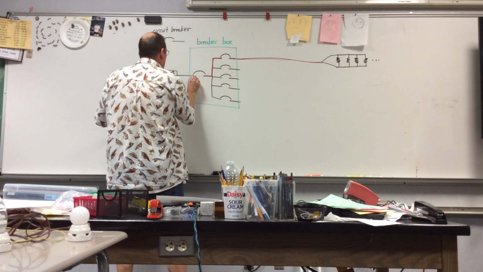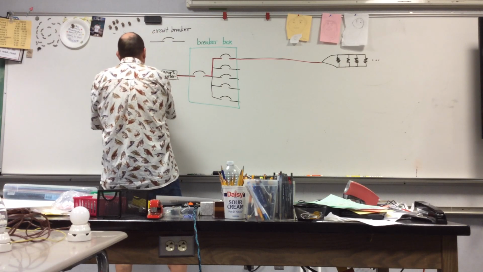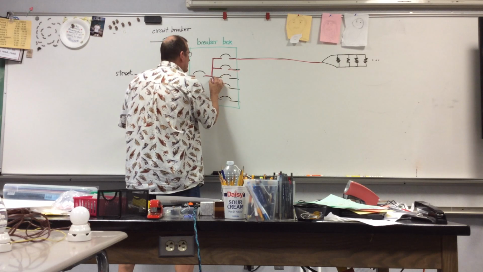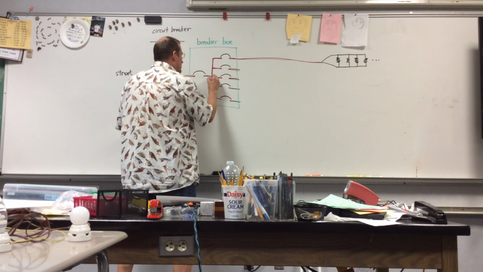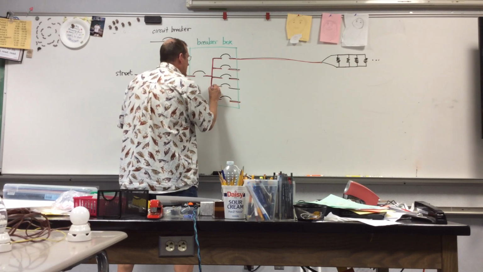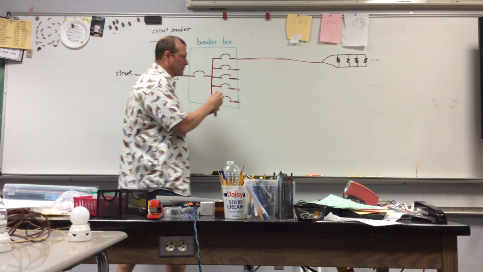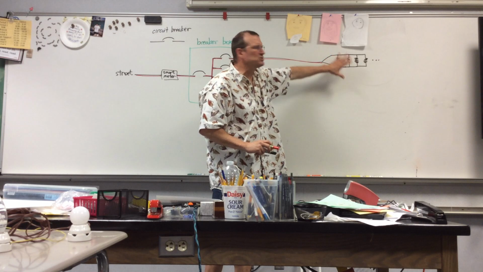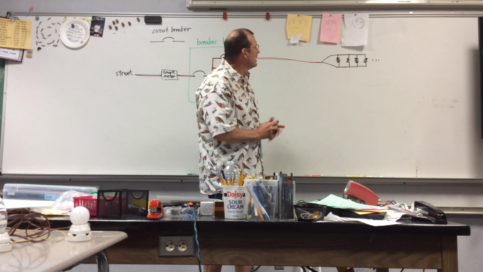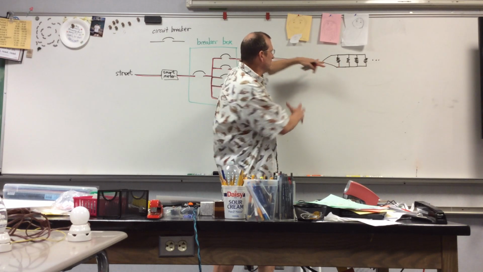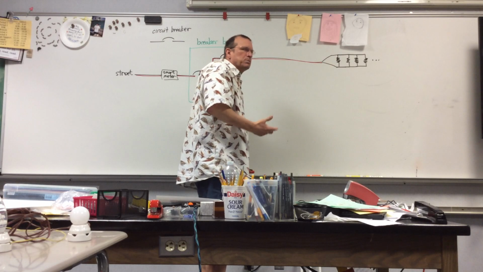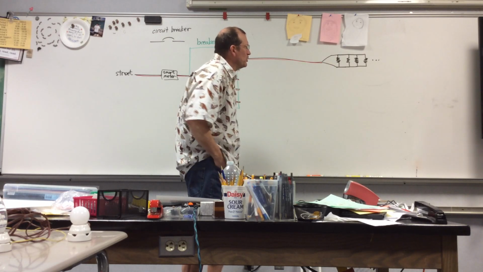So I'm going to draw the picture like this, and each one of these circuits, when we talk about the wire coming out from the breaker box, actually has 2 wires together. Once you get out to the sub-circuit area, and again, we're pretending this is like a bedroom or maybe 2, each one of these resistors is a plug or a light bulb.